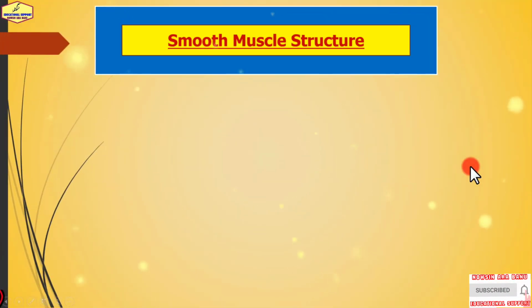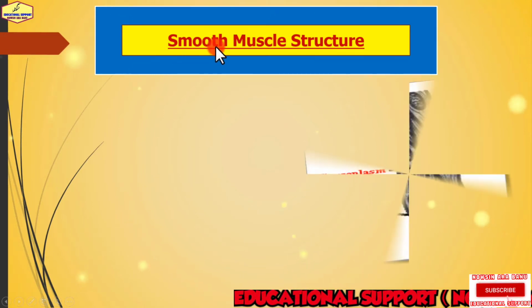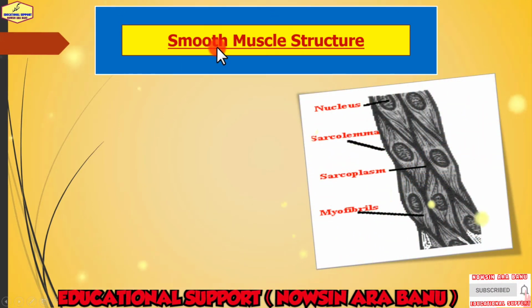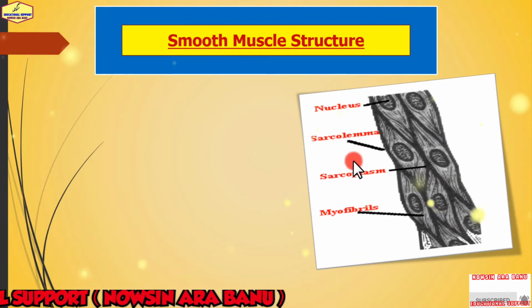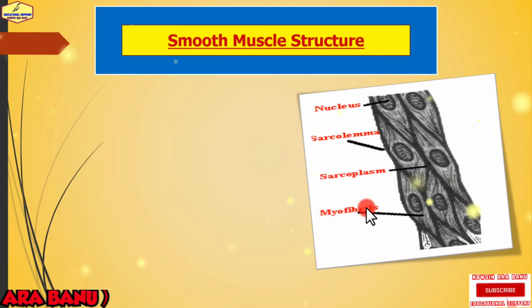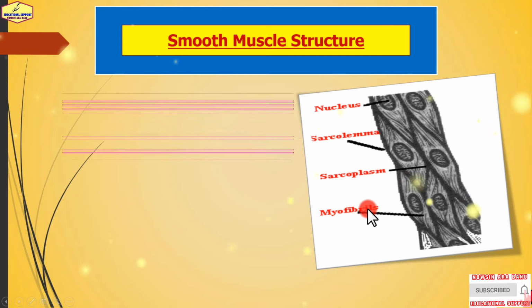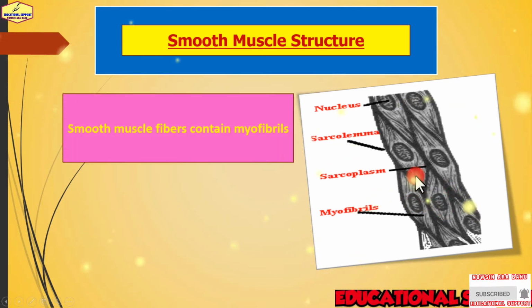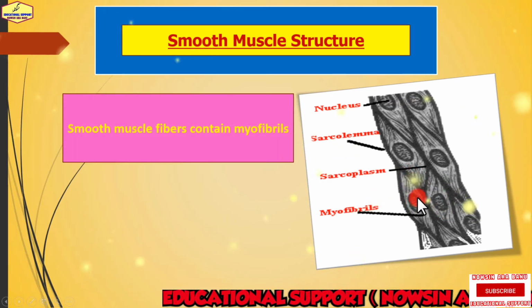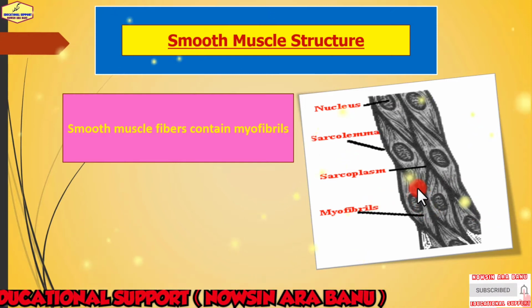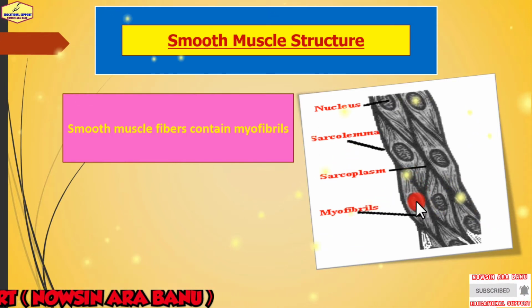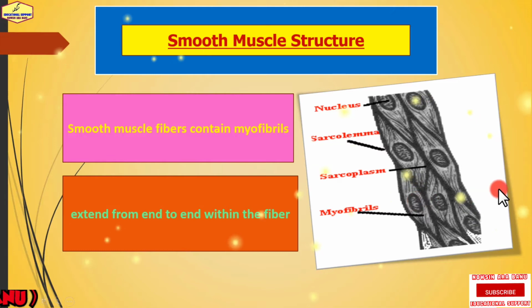Next, I am going to focus on smooth muscle structure. Smooth muscle fibers contain myofibrils that are oriented along the long axis of the fiber and which extend from end to end within the fiber.